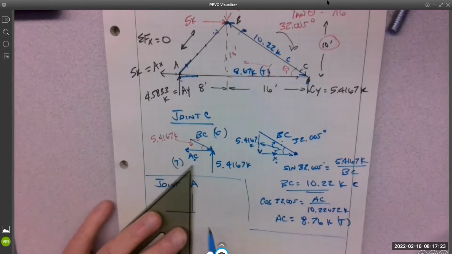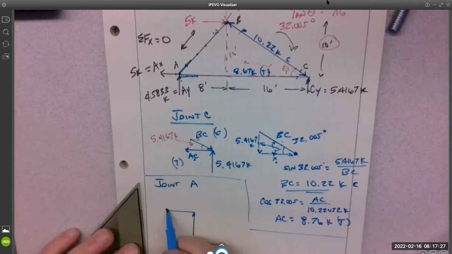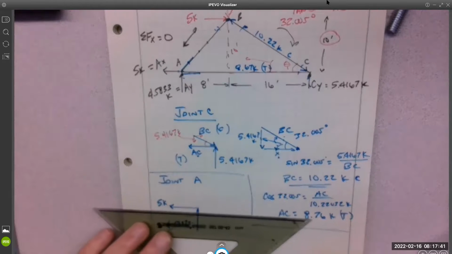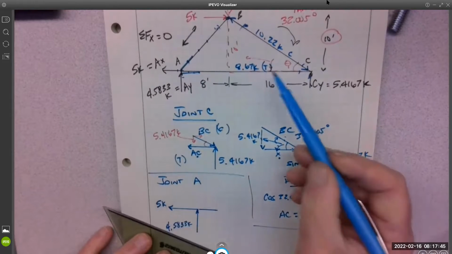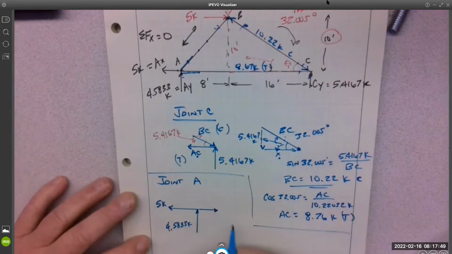Put in what you know. And we also know AC, because we just figured it out. We know it's in tension, so which way does it point? Points away.